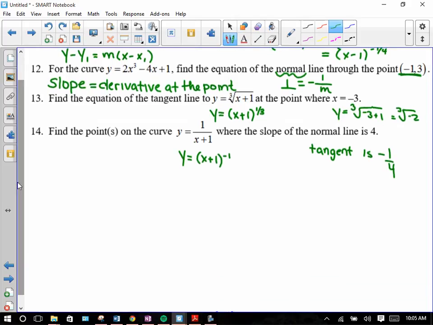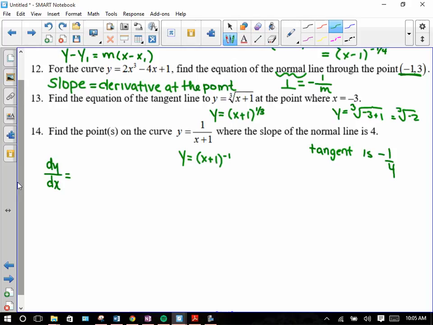So let's do this one right here together. It says find the points on the curve where the slope of the normal line is 4. So that tells us we need to know the slope of this function at a given point. That tells us we need to find what? The derivative, dy/dx.